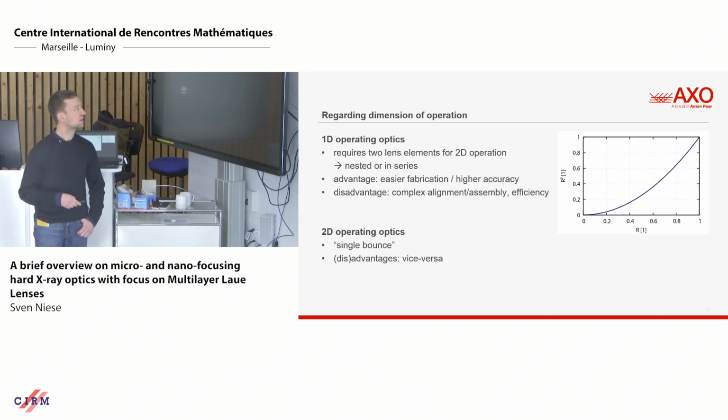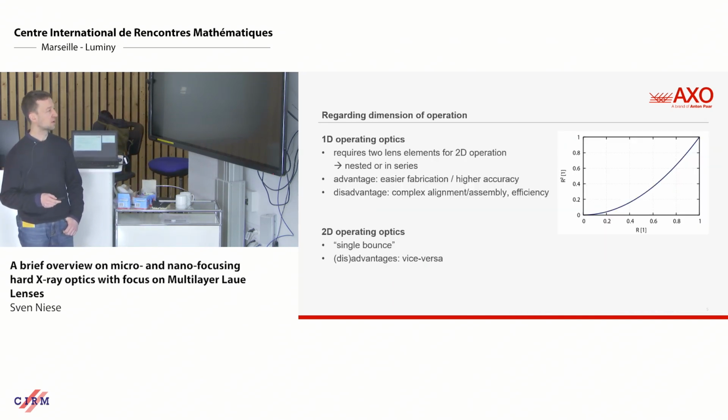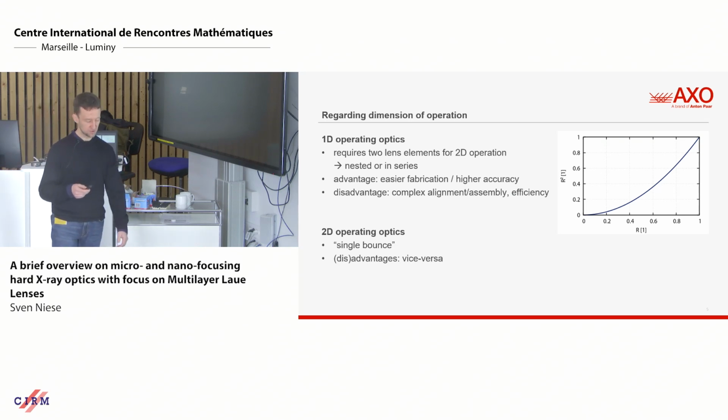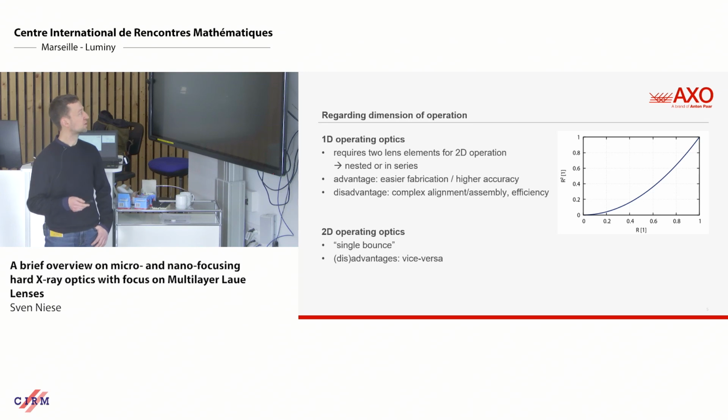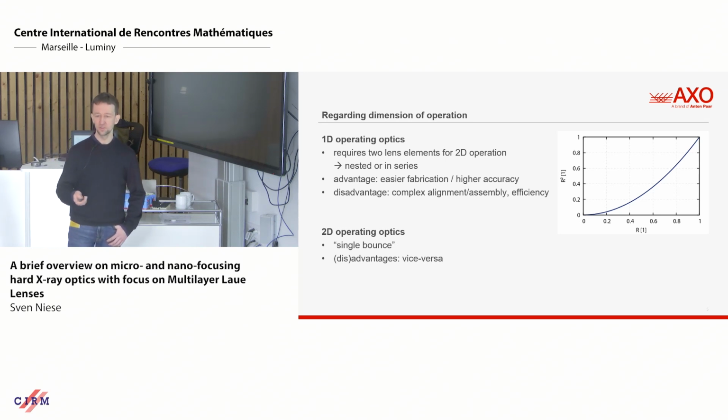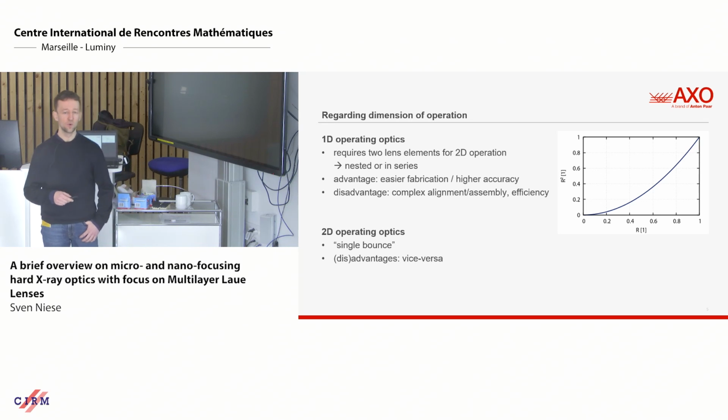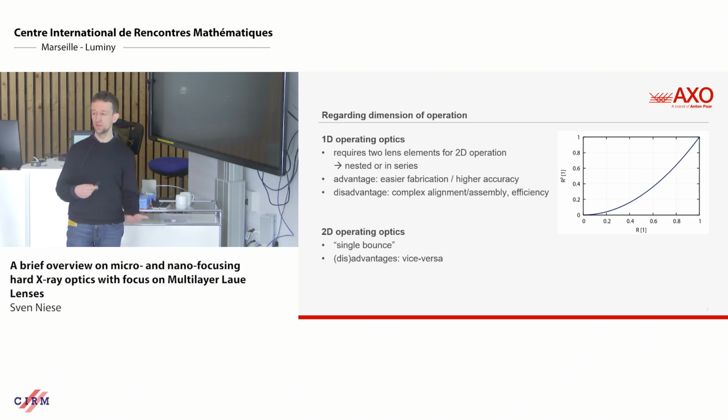So regarding the dimension of operation, you have 0D optics where your light just goes through, like an absorber and so on. You can have 1D operation optics that are just focusing or collimating in 1D. And if you want to build an optical device for 2D operation out of this, you need to put two of them either in series, or you need to nest them.